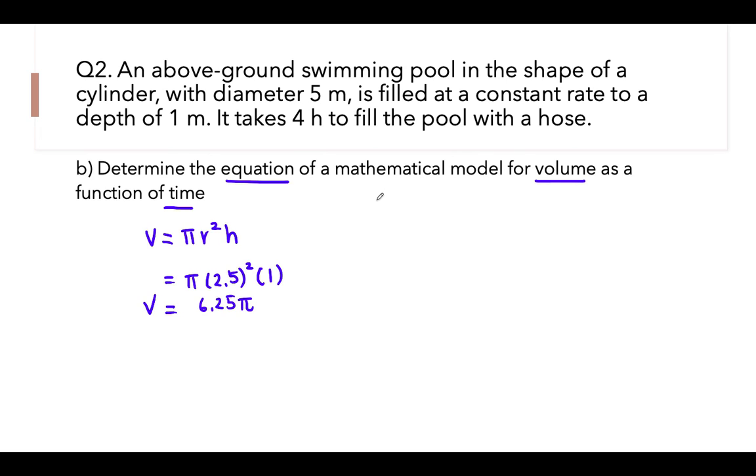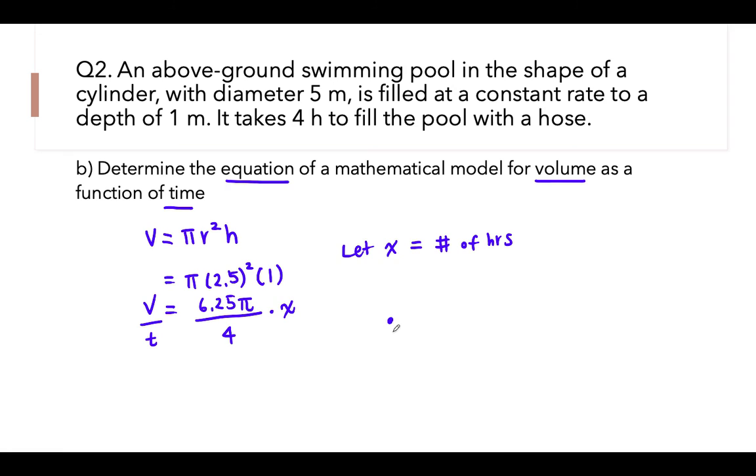But we are looking at volume as a function of time. So what does that mean? So we have to say let x be the number of hours. So volume over time, in this case, it's going to take 4 hours, times x, the number of hours given.